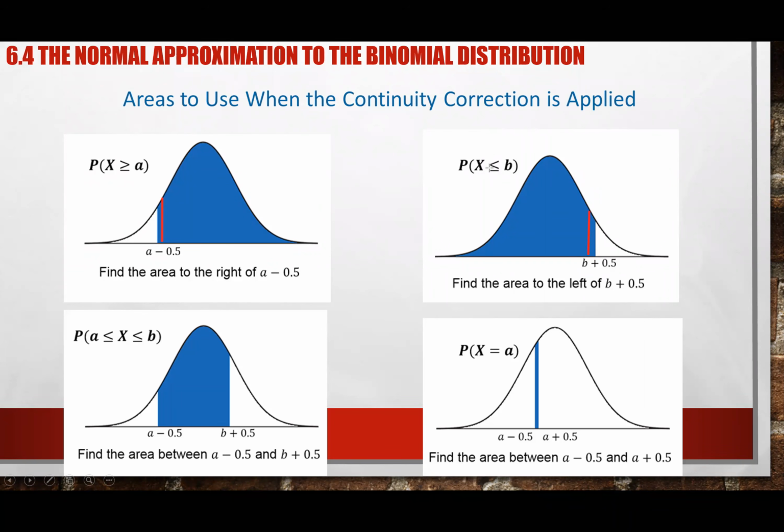Because we want to include the endpoint, we need to extend this area, and everybody see that I need to add more to include the area. Okay, so this is your typical question that they will ask you. They ask you the same question as before: either the area to the left, the area to the right, or the area in between.